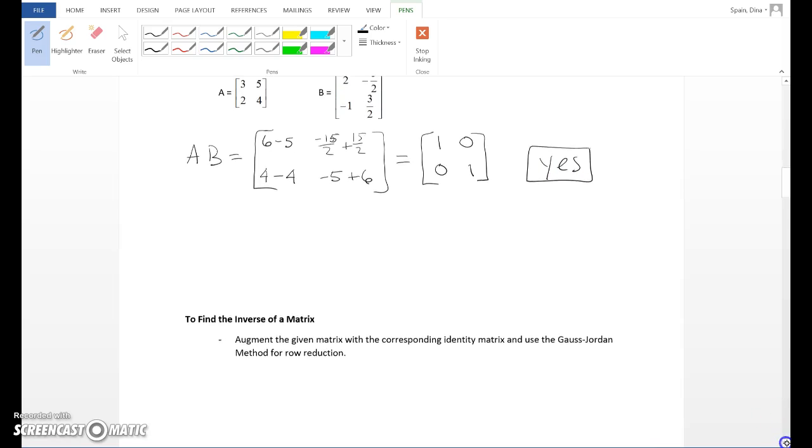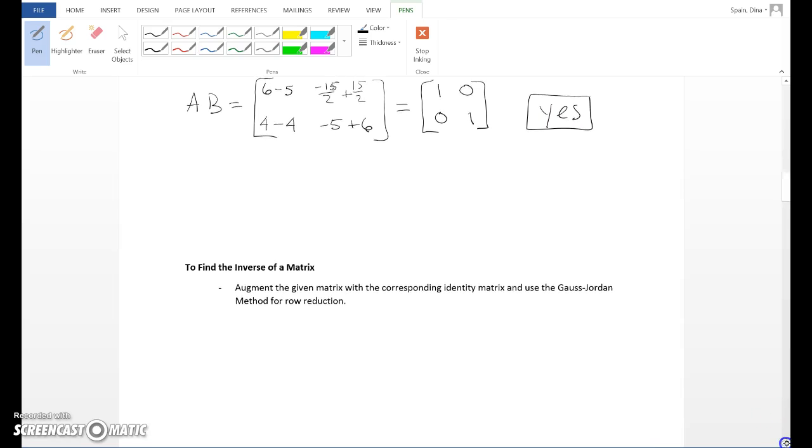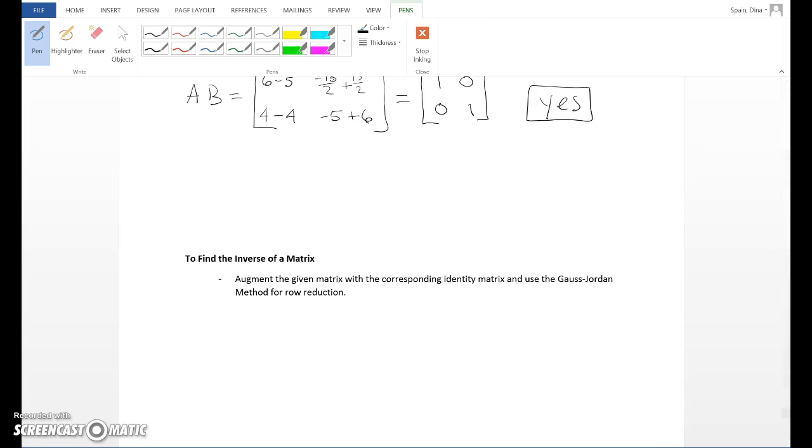All right, but what if they just give you a matrix and say, now find the inverse of this matrix? What you do is augment the given matrix with the corresponding identity matrix, and then use the Gauss-Jordan method for row reduction. You're going to have your matrix A over here, and you're going to augment it with the identity matrix of the same size.